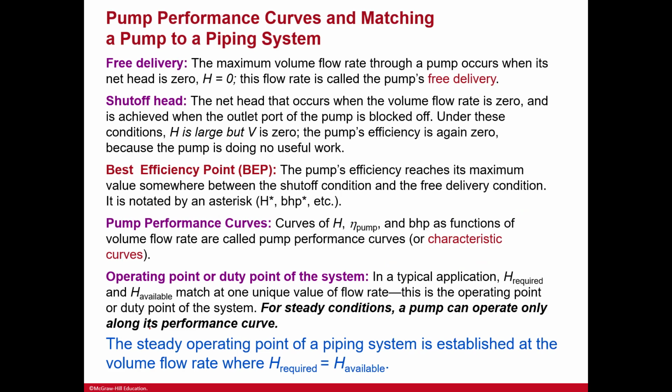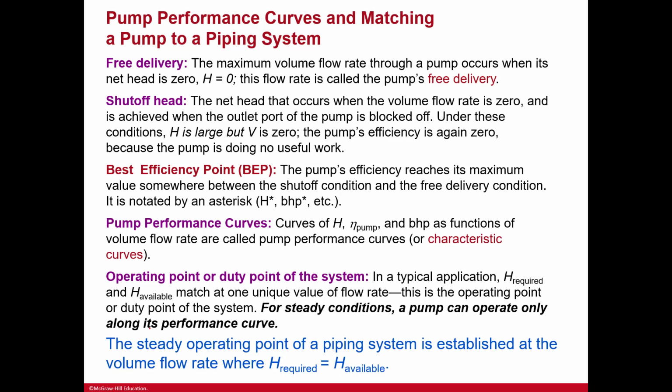Pump performance curves: matching a pump to a piping system. So it's incredibly important for you to choose the correct pump for each piping system. Free delivery: the maximum flow rate through a pump occurs when its net head is 0, H equals 0. This flow rate is called the pump's free delivery. So it's what it is able to achieve.